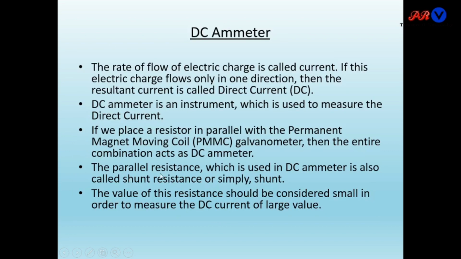The parallel resistance used in a DC ammeter is also called shunt resistance or simply shunt. Its value should be small in order to measure large value DC current.